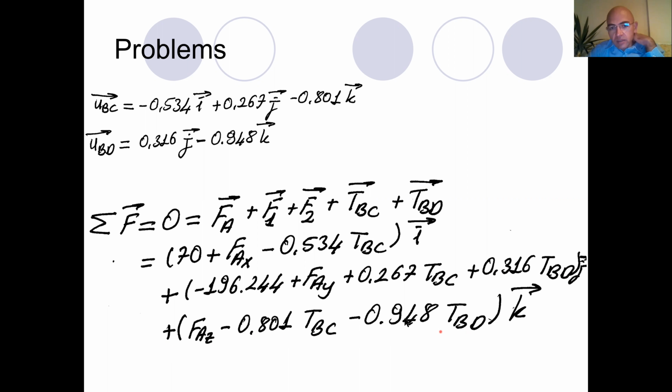So basically, this has to be equal to 0, which means that the components in X, Y, and Z directions have to be equal to 0 independently. So this expression has to be equal to 0, or let me underline it, that's better maybe.